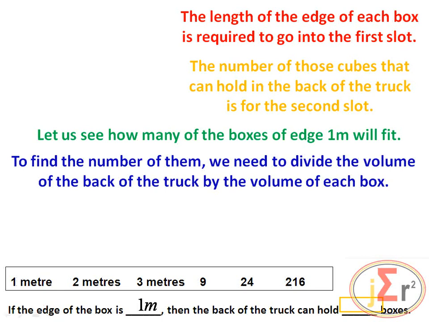We need now the number of these boxes of edge 1 meter that will hold in the back of the truck. So let us take the approach that we are dividing the volume of the back of the truck by the volume of each box.